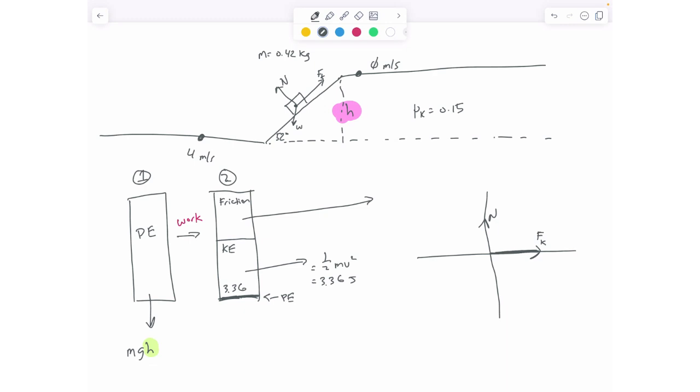And then the weight. Well, that's here: mg, weight, mass times gravity. Just to recap, this is the same as this. I just rotated it clockwise. How much? 52 degrees.